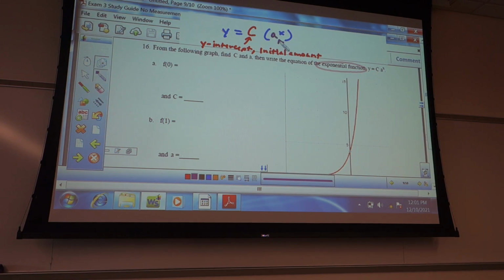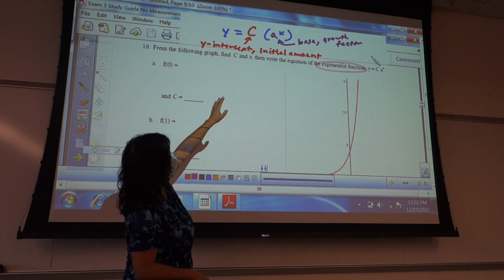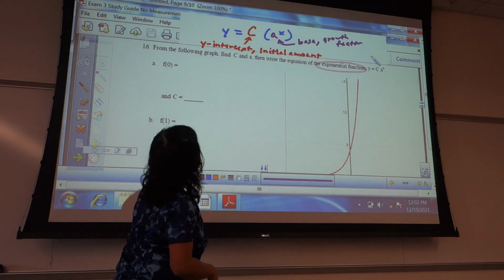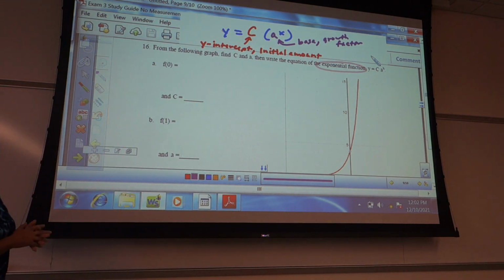A is my growth or decay. It's my base, the one with the exponent. It's also known as my growth or decay factor. I'll call it growth because if it's decay, we kind of go along with it. Everybody feeling all right with that? So here, a is my base, x is my exponent, c is my initial amount, y is my answer, kind of in a way.